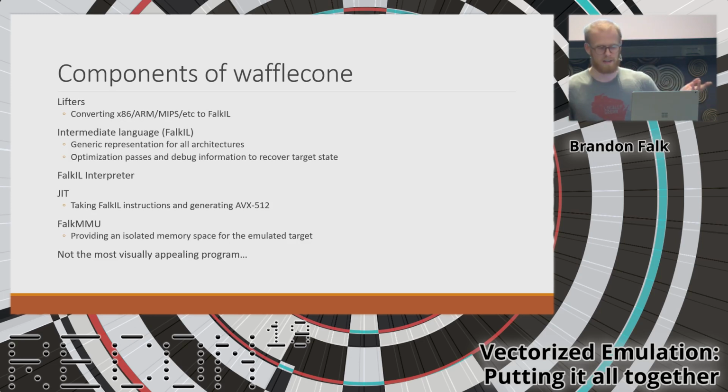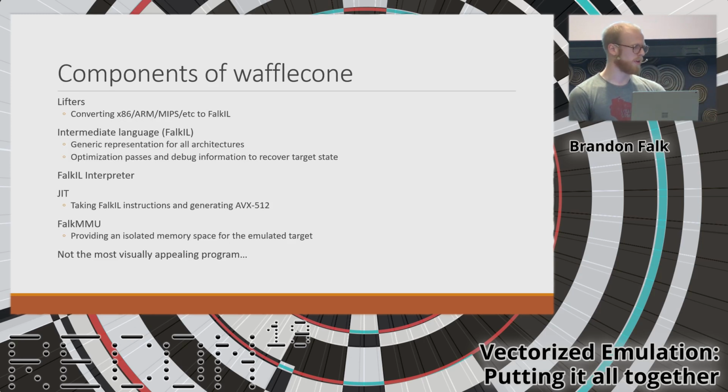I guess you could theoretically go directly from native code to JIT, but I think we all know that an IL has a huge advantage such that you can perform optimization passes and think about this code without just directly translating it. So I wrote a very simple intermediate language. It has like 15 or 20 instructions, and it's just a generic representation of all architectures. And we'll talk a little bit more about the details of that.